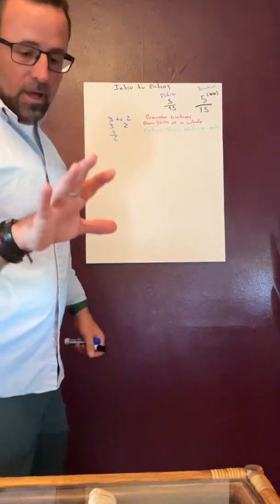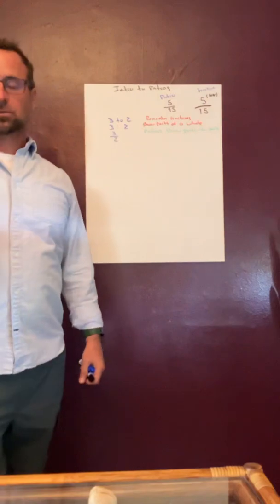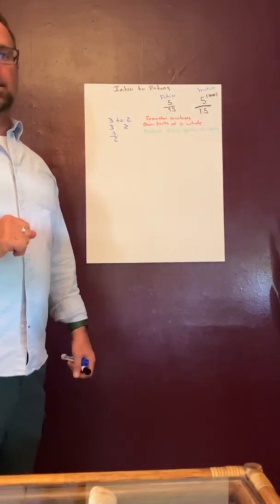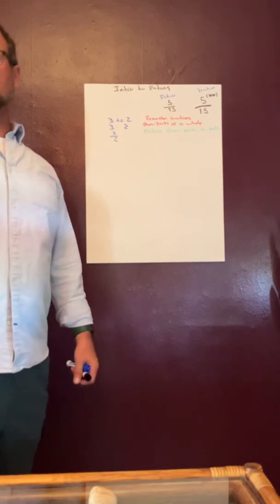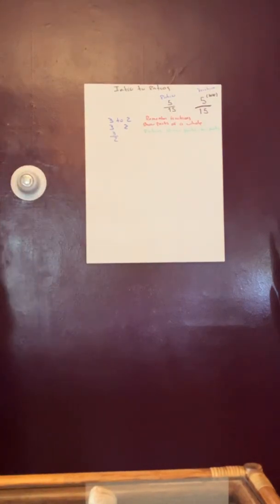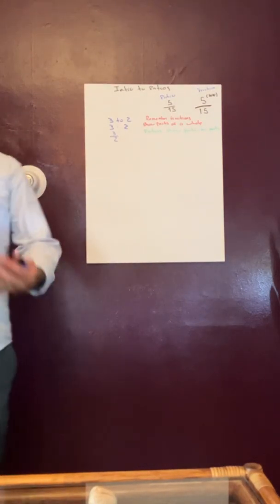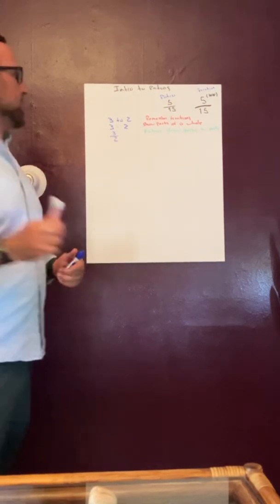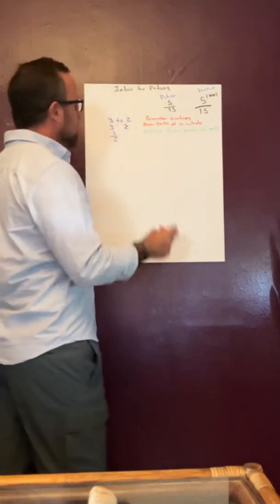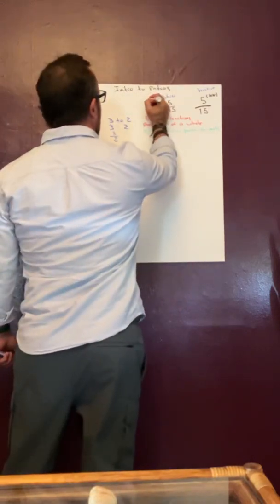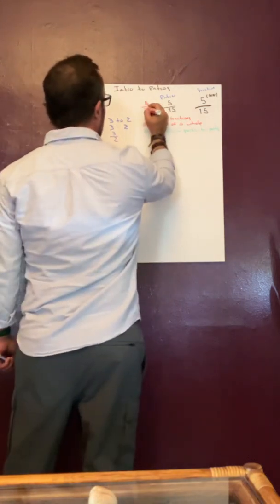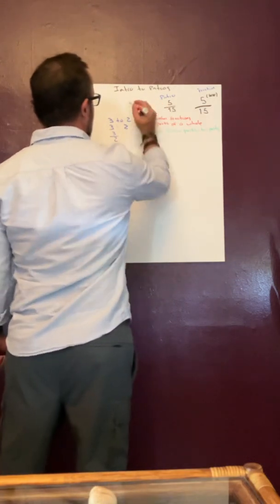So I have 5 walnuts, 10 pistachios. Who wants to tell me how to write that? And I'll get a red and a blue. All right, George. Excellent. So parts to parts would be the 5 walnuts to the 10 pistachios.